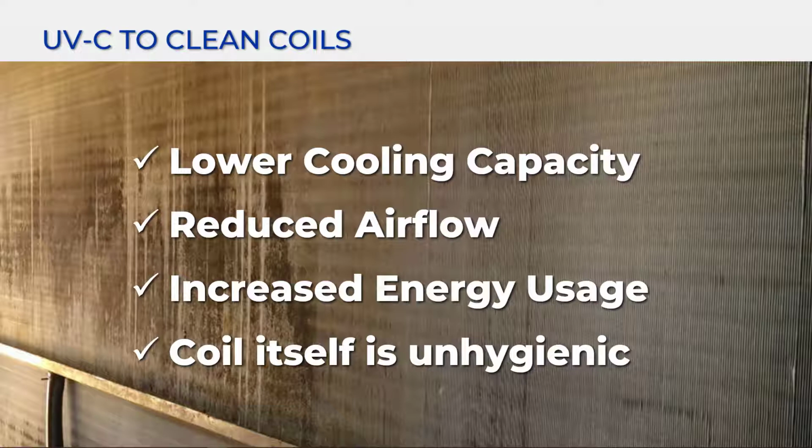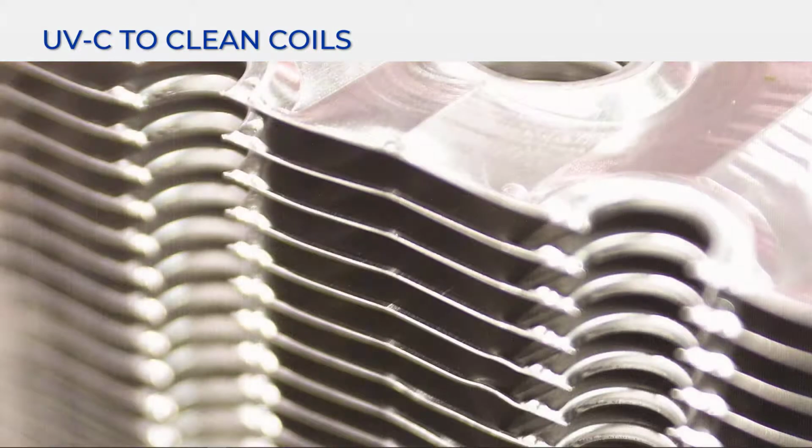So there's a 1/8 to 1/3 inch gap between the fins on these coils where the air will pass through. So it's not going to be good at airstream disinfection. So using UV to clean coils is great, but with recent advances we can now do much more.